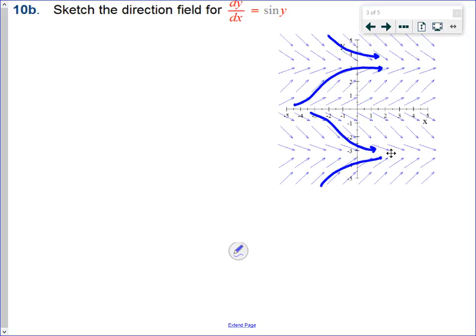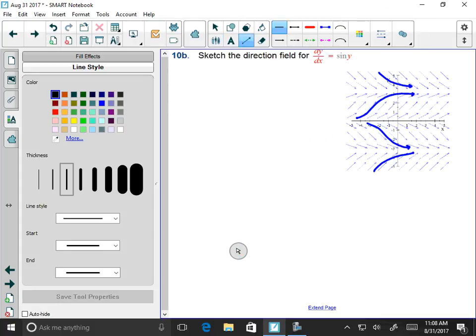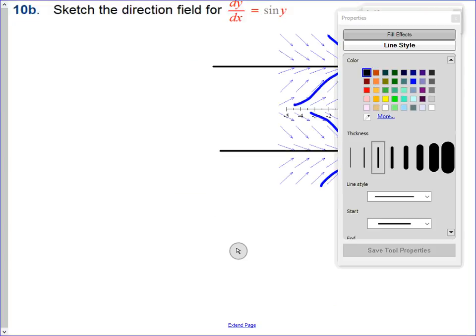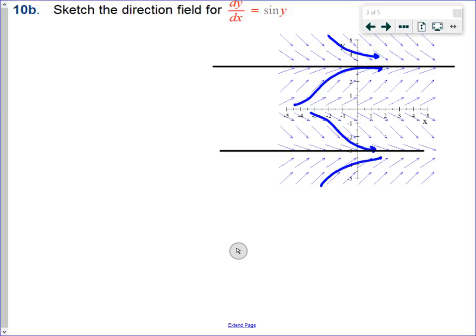So something interesting is happening there and there. Okay.